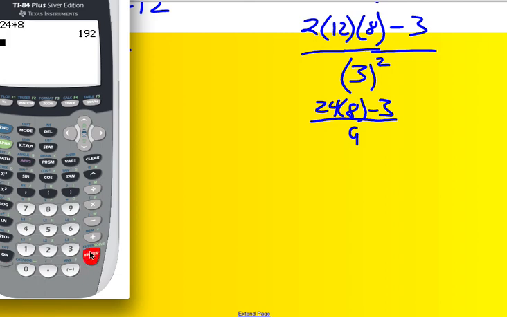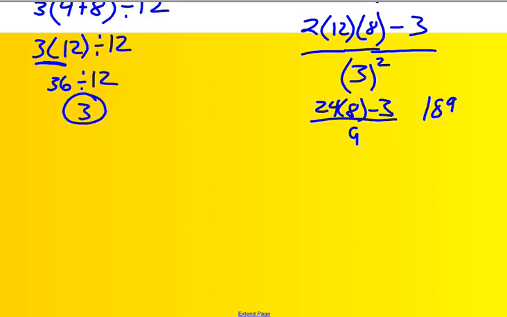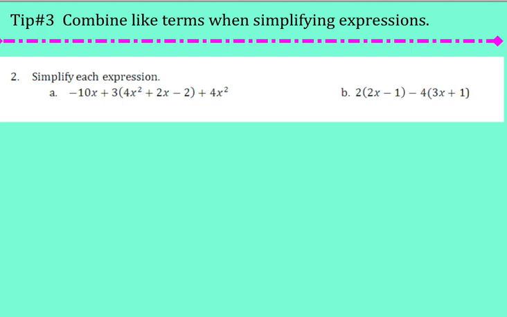Enter. What do we got? 192. 192 minus 3 is 189. All over 3 squared, or 9 here. 189 divided by 9, plugging that into your calculator, you should get 21. 21 is our answer.